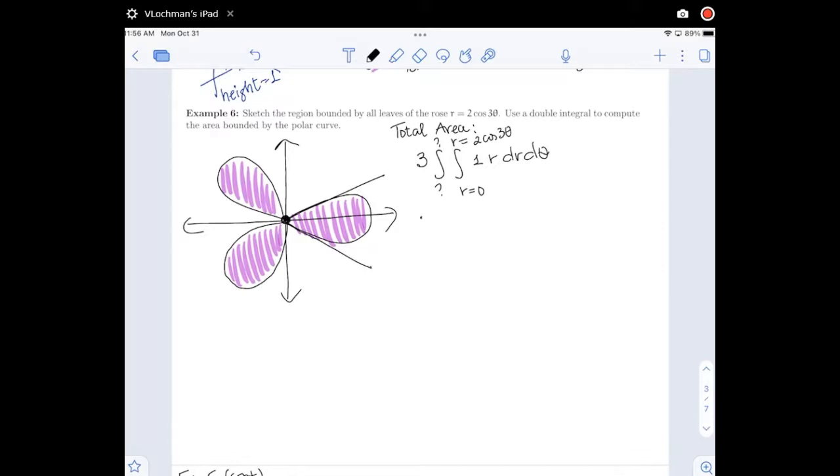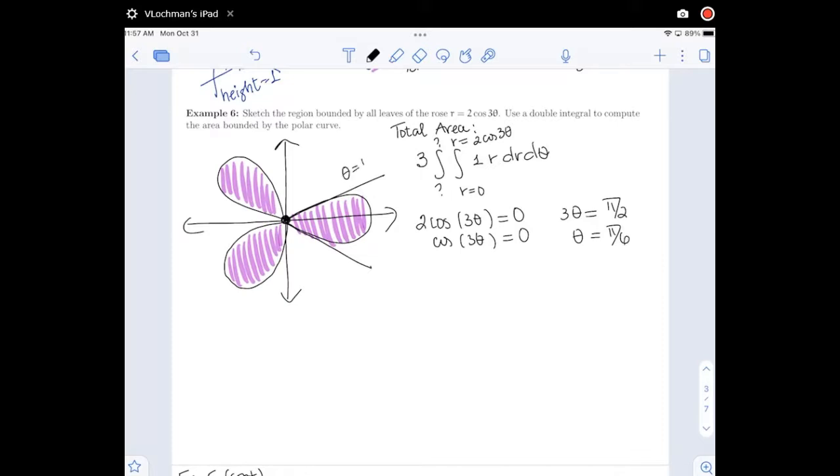That's equivalent to solving a trig equation. 2 cosine of 3 theta is equal to 0. So cosine of 3 theta is equal to 0. There are many solutions, but we know that one of them would be pi over 2 for the argument, right? But the argument is not just theta, it's 3 theta. So theta is then pi over 6.